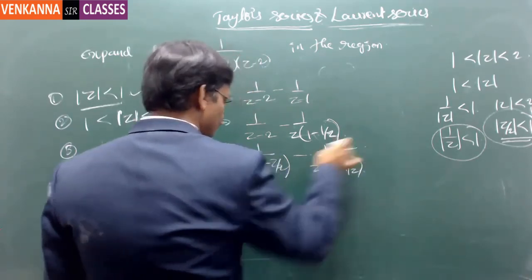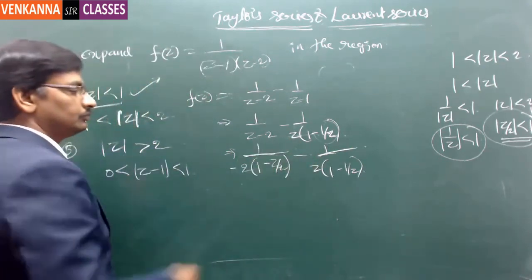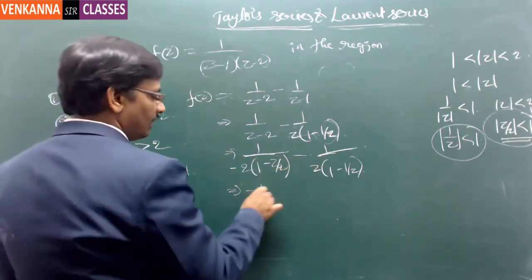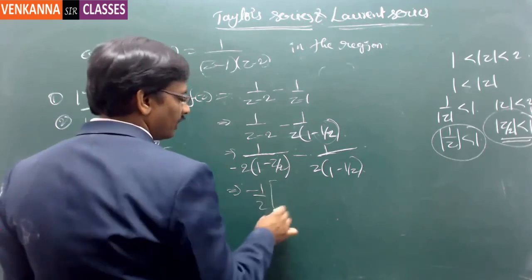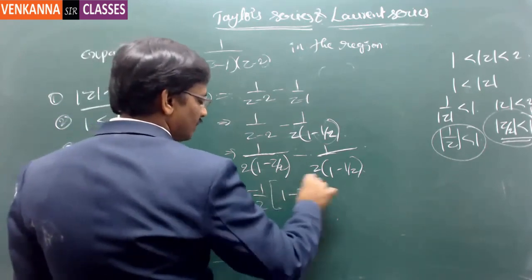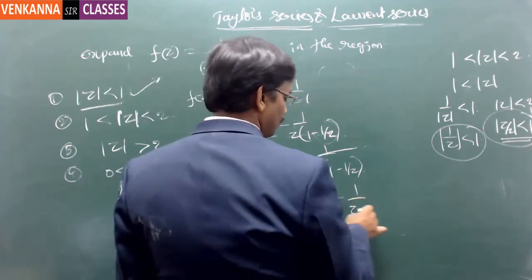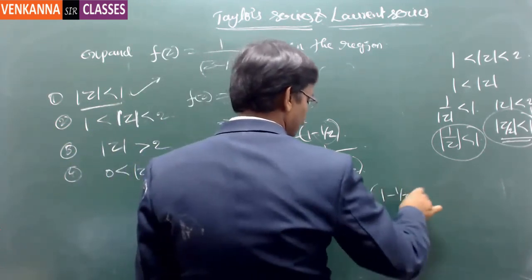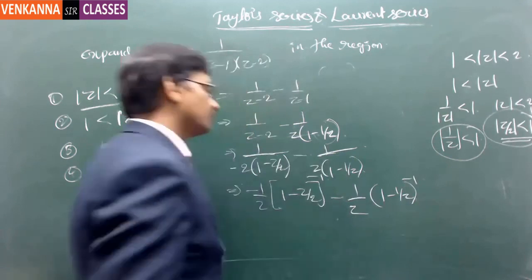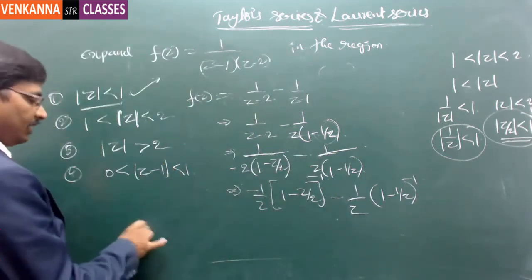These are the two cases. So this is minus 1 by 2, and then in the numerator I can write 1 minus z by 2 whole power minus 1, minus 1 by z into 1 minus 1 by z whole power minus 1. So this you need to expand with the help of binomial expansion.